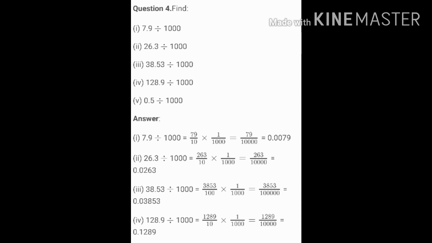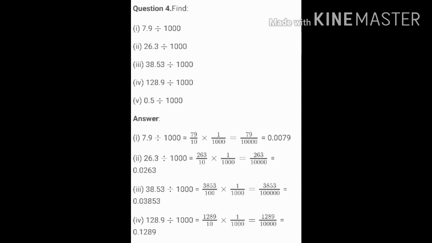Then we are going to change the sign of division into multiplication, and 1000 will be reciprocated as 1 by 1000. Therefore, when we are going to divide 79 by 10,000, we will get the answer as 0.0079. Here 4 parts have been shown as solution. 5th part can be tried by yourself. Have a look on the solution.